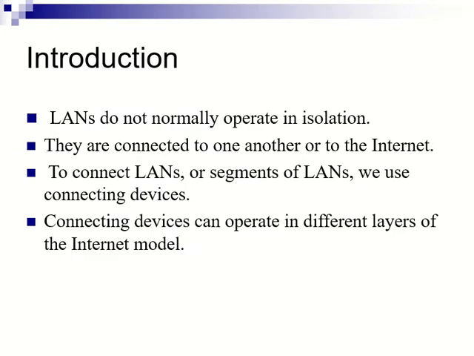LANs usually do not operate in isolation. So to communicate between the devices in a LAN network, devices will be used to connect these devices or to connect to a network. These connecting devices can operate in different layers of an internet model. Here we'll discuss three different types of connecting devices.